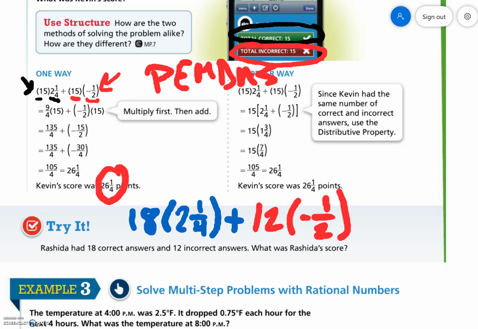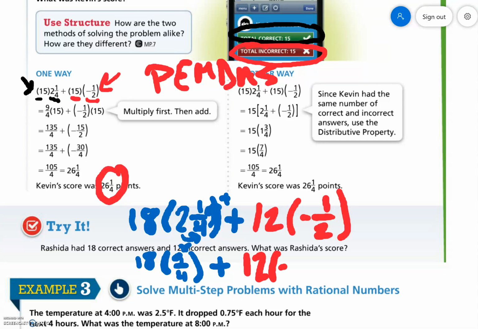Well, just like they did, I'm going to turn 2 1/4, multiply and add, into 9/4. So we get 18 times 9/4 plus 12 times -1/2.